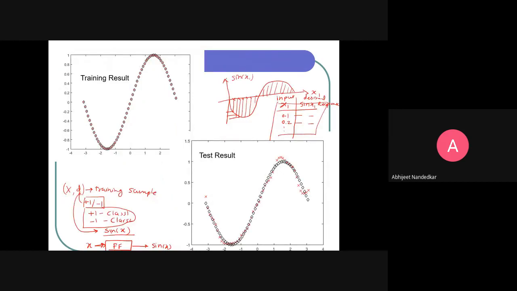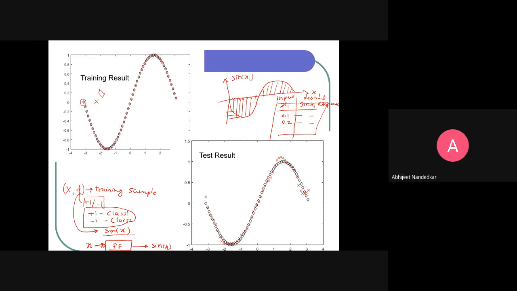Now you can see the result here. Suppose the diamond was my training sample and the cross is my training result. So they are matching perfectly.